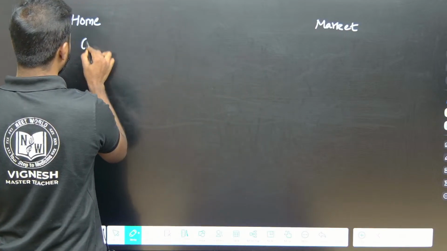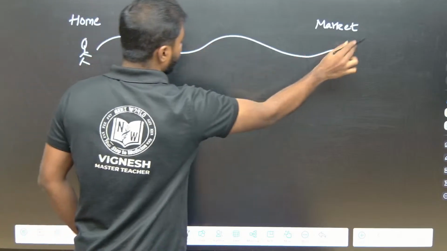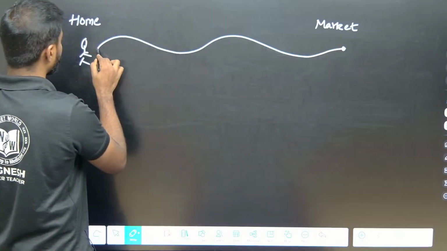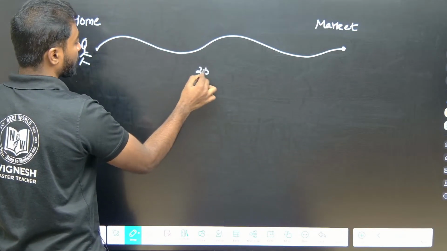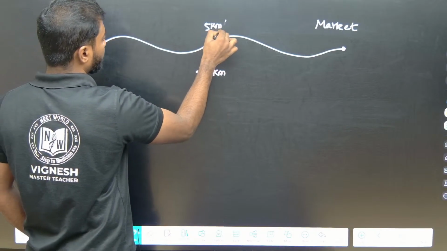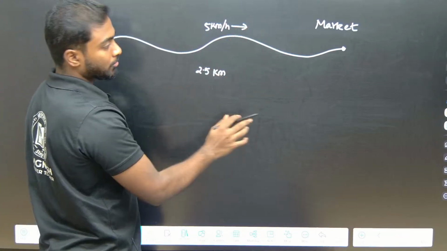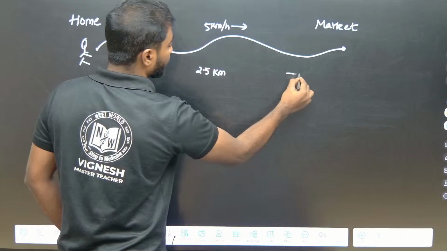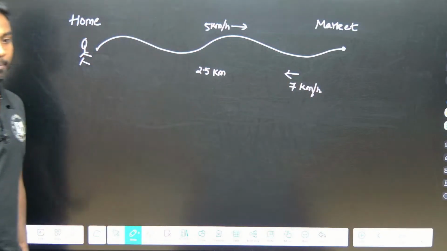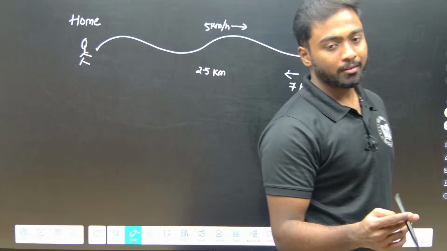So he is traveling 2.5 kilometer with 5 kilometer per hour from home to market. Now the market is closed, and he is returning back with 7.5 kilometer per hour. This is the thing.